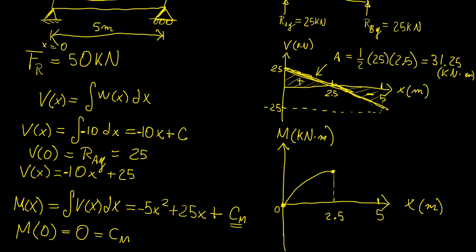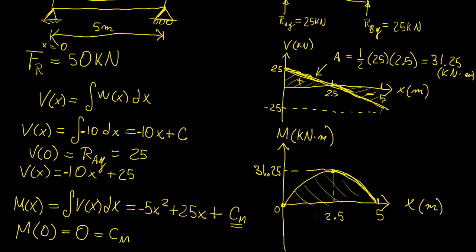And we know, well, this is a negative area, so if we subtract this from that, which is already 31.25, then we're going to get back to the origin. And we know that should be the case because this is a concave down parabola, so it has to come down again. And if we plug in x equals 5 into this equation, then we should get the exact same answer. And this is going to be your bending moment diagram.